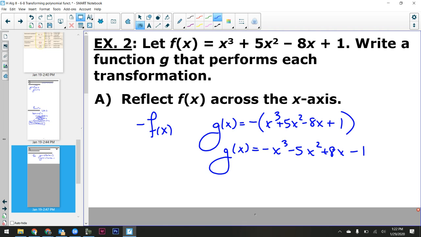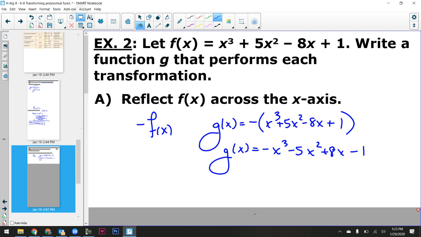Everybody's sign changes. Even the constant that's sitting out there in the end, that sign changes as well. Just think about it. If I'm reflecting across the x-axis, and I've got a positive y-intercept, like plus 1, and I reflect that over the x-axis, doesn't it go down to negative 1? Doesn't the y-intercept change? So you've got to reflect it accordingly.